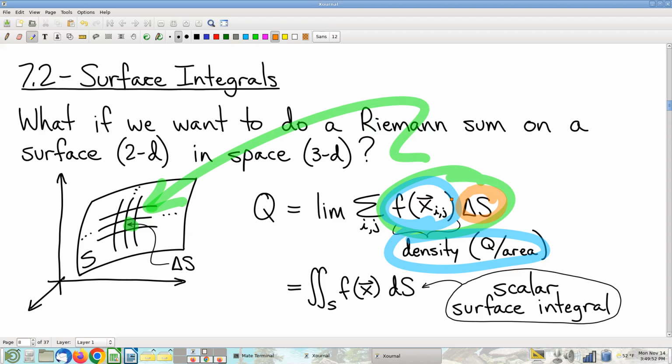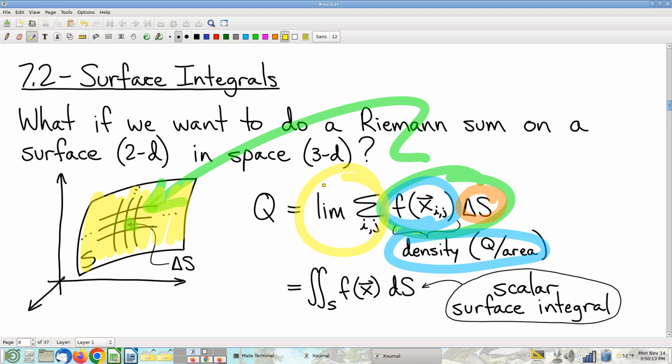Whatever the area is of that little piece, multiplied by the known concentration of flowers for that altitude, and boom, there you go. And then, as usual, you add up over the entire surface. Does that look familiar?